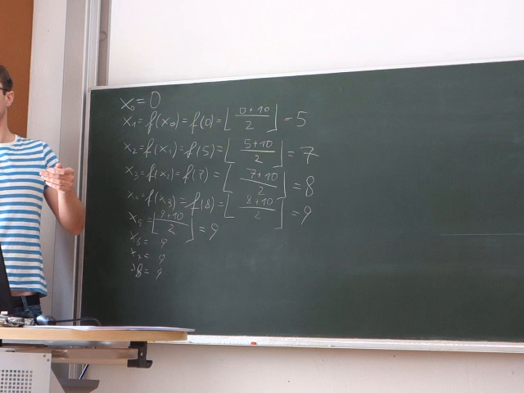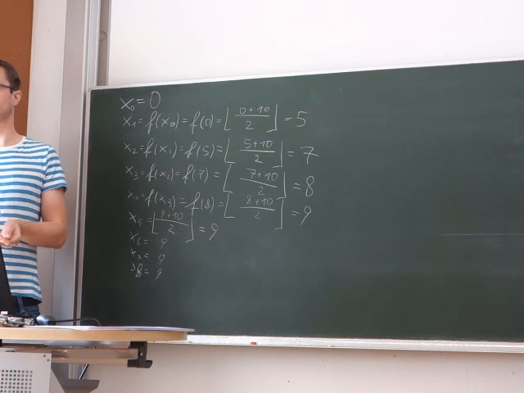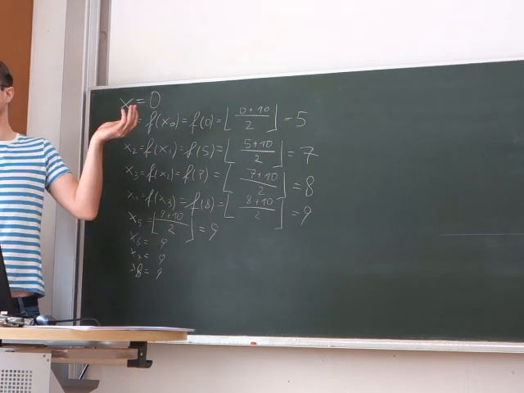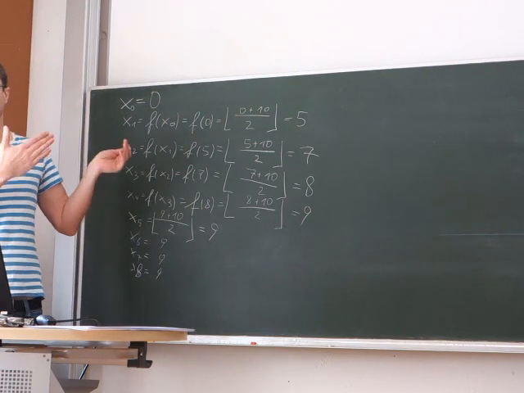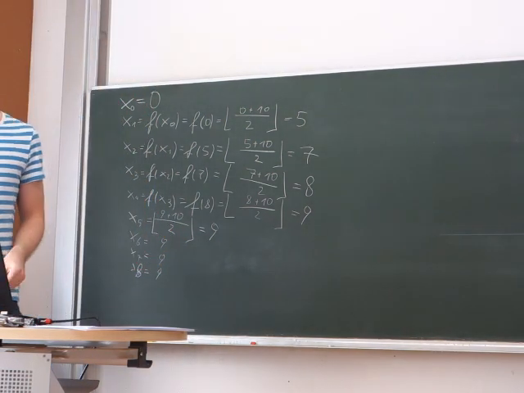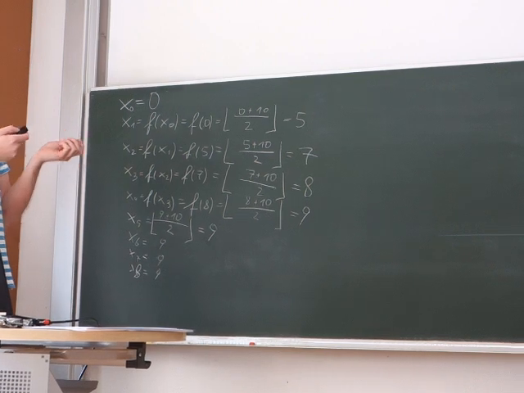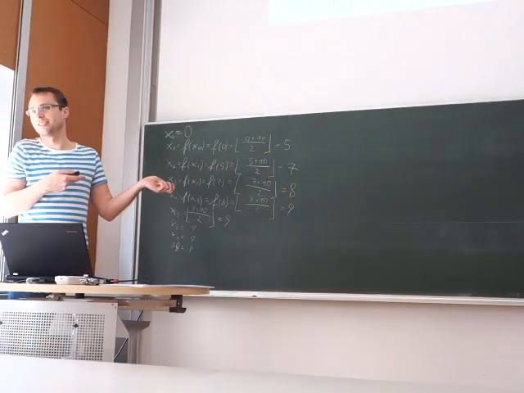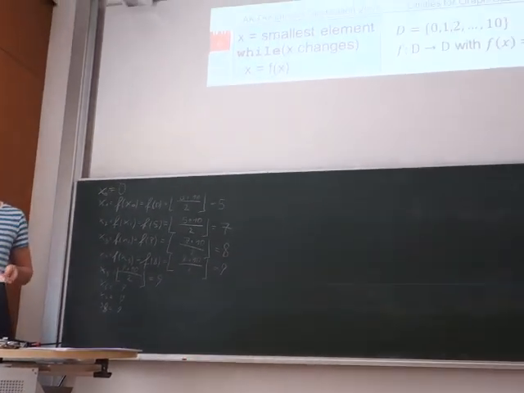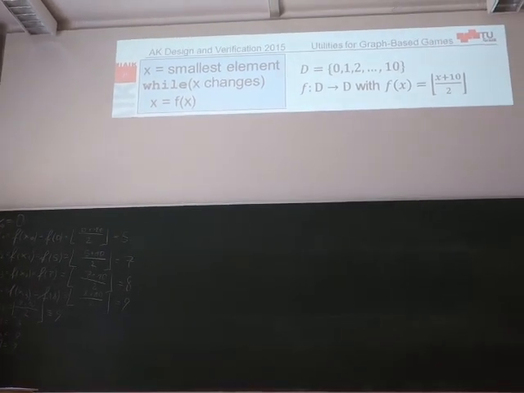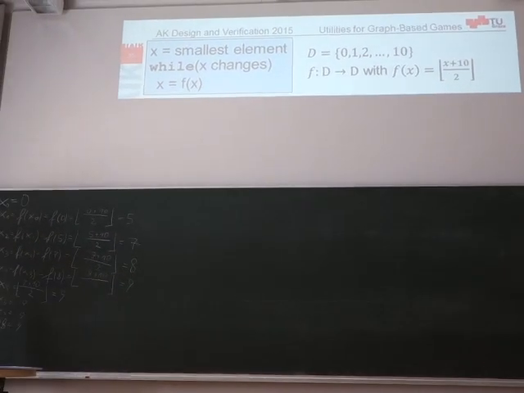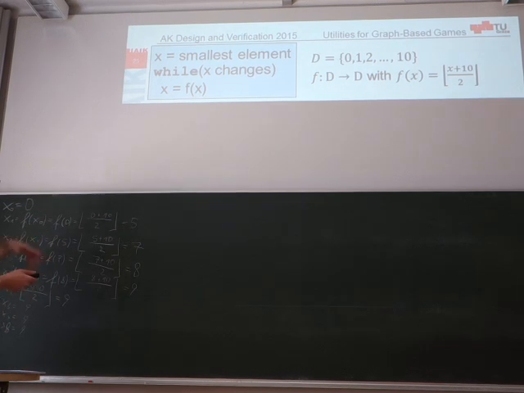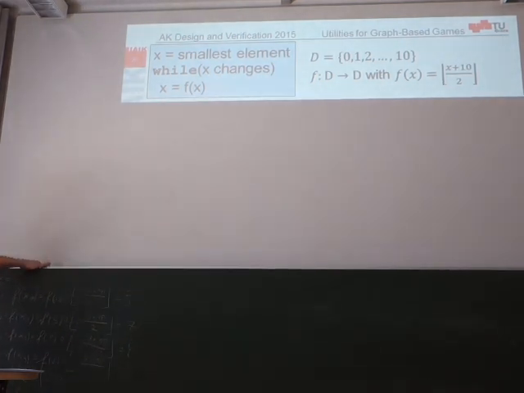So we could continue, but it doesn't make any sense because the value doesn't change anymore. So we can as well quit. This is the basic idea of the algorithm, actually. Conceptually, we should continue, but nothing changes anymore, so we can also stop. We are done.